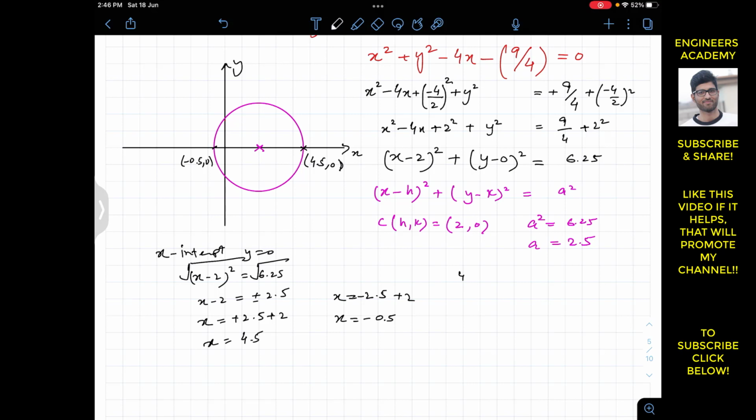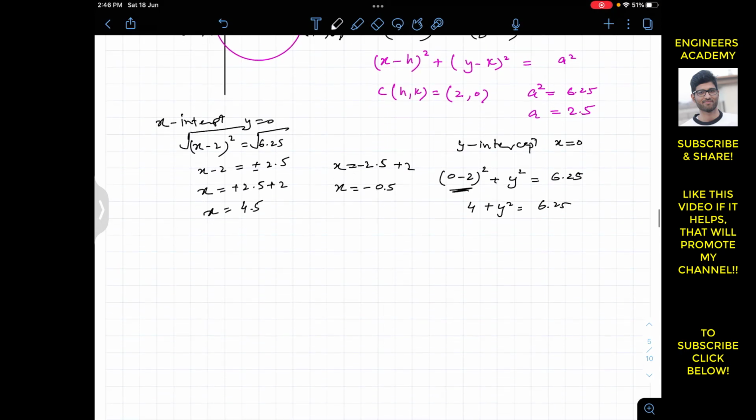Now for the y-intercept, x equals 0. So now we need to put x equal to 0 in this equation. So we will have 0 minus 2 square plus y minus 0, which is y square, equals 6.25. So 2 square is 4. So 4 plus y square equals 6.25.